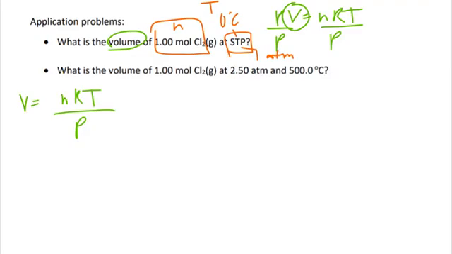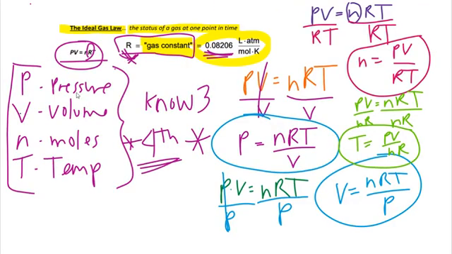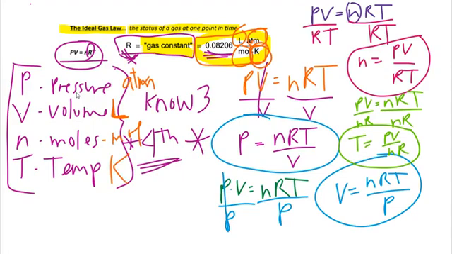Now, one thing I meant to look at back here is, if we look at my gas constant, notice my units include liters. So my volume needs to be in liters, because my units have to match. My pressure is in atm, my moles is in moles, and my temperature is in Kelvin.